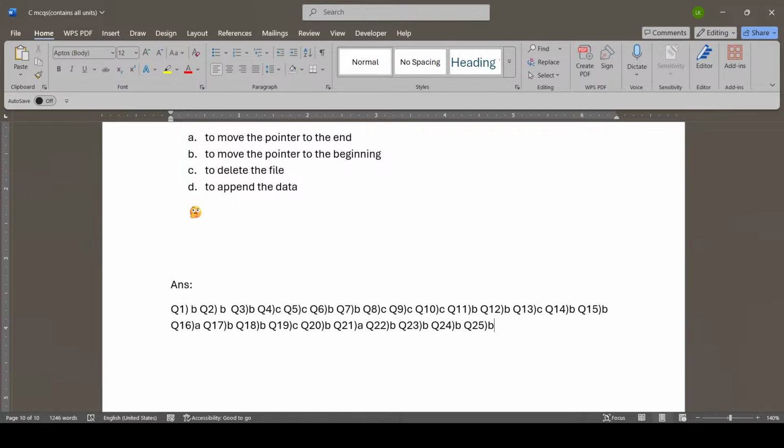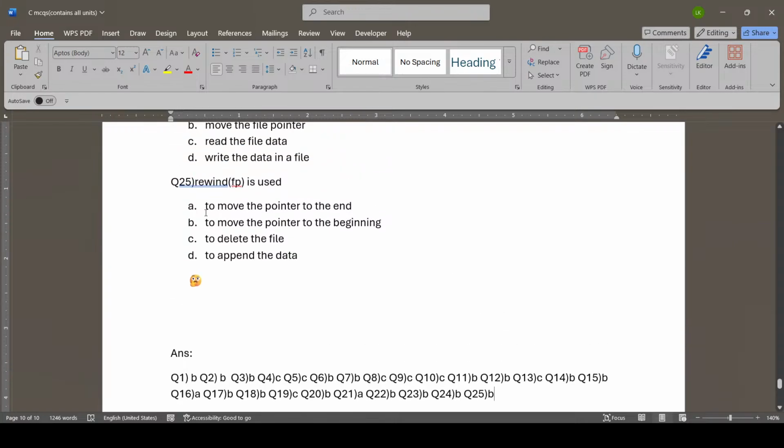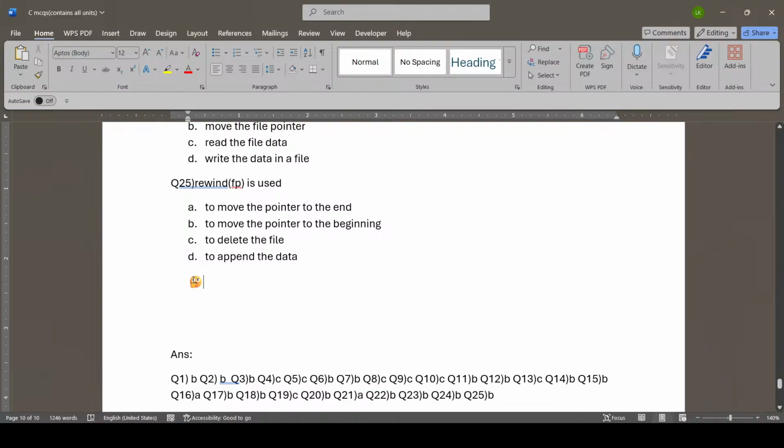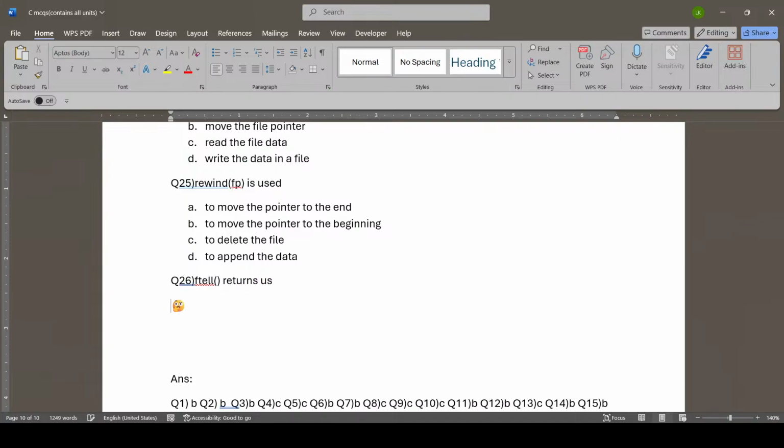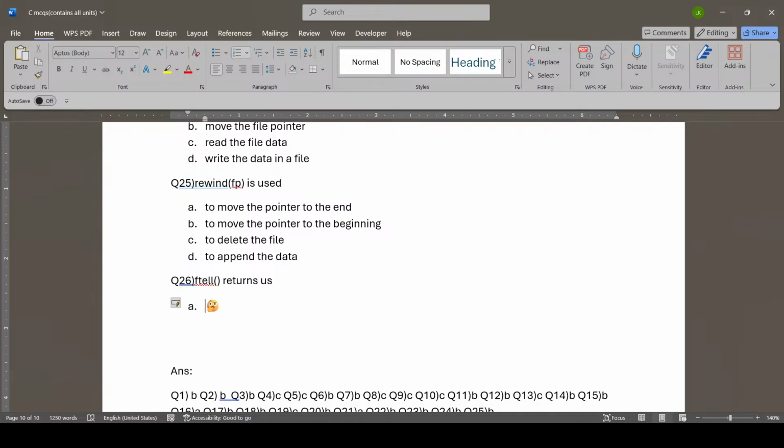Now we have the next question here. Question 26. F12 returns us file size.